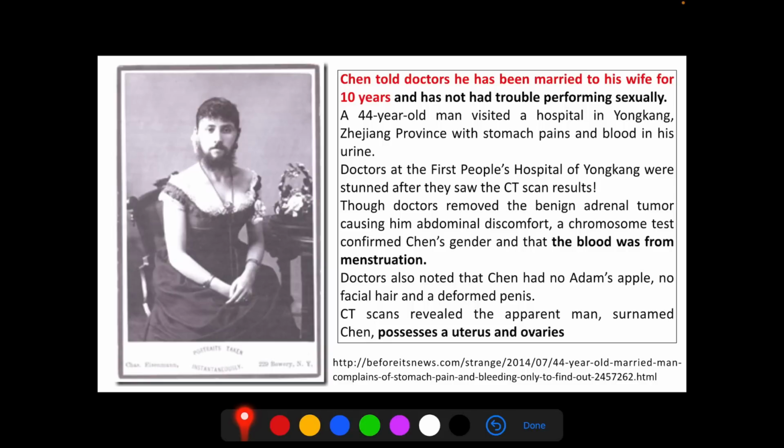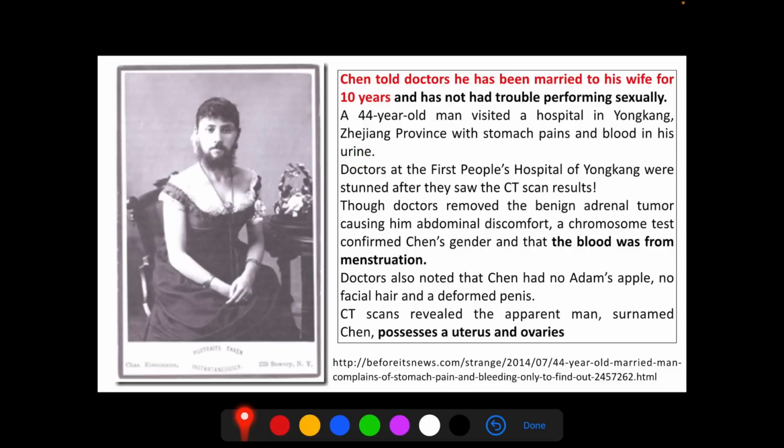Also, this case in China, this is Chen. Chen told the doctors he had been married to his wife for 10 years and had not had trouble performing sexually. He's a 44-year-old man who visited a hospital in Yongkang, Zhejiang province in China, and complained of stomach pains and blood in his urine.